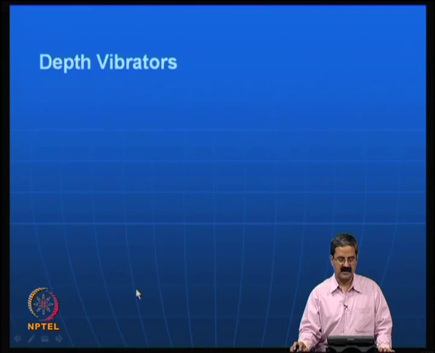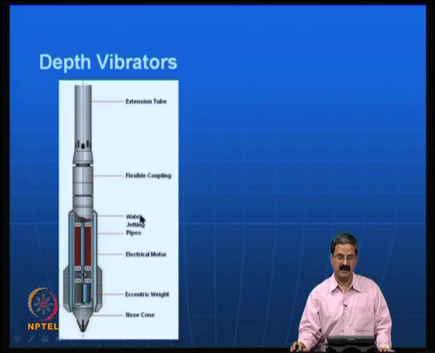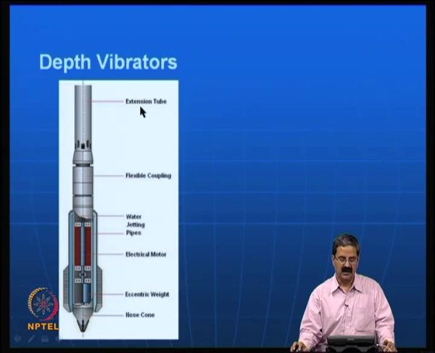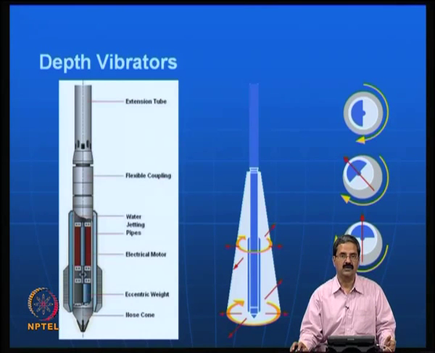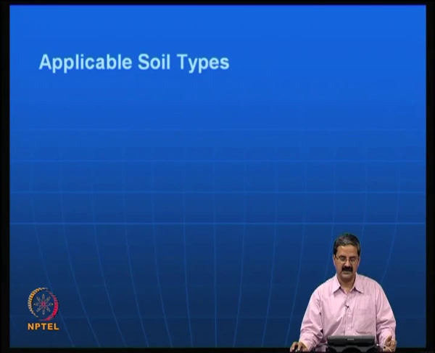And of course, in the introduction we have seen that they have this type of vibrator, which has a hose, an eccentric weight, then water jetting and flexible coupling and extension tubes, if you want to increase the depth. So this is how it is done, the eccentric weight movement and horizontal movement, that is what we are discussing, how that force is generated and then transferred.